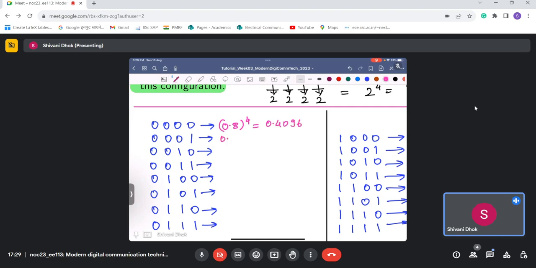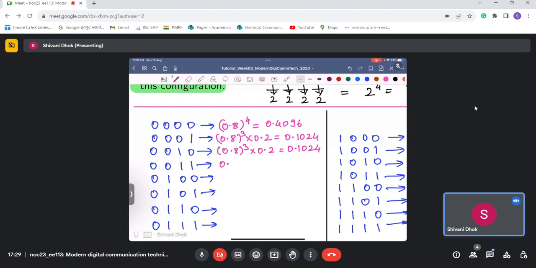This is 0.8 cube into 0.2, which is simply 0.1024. This is again 0.8 cube, 0 appears 3 times, into 0.2, which is 0.1024.